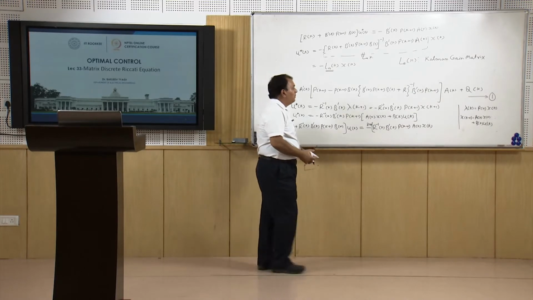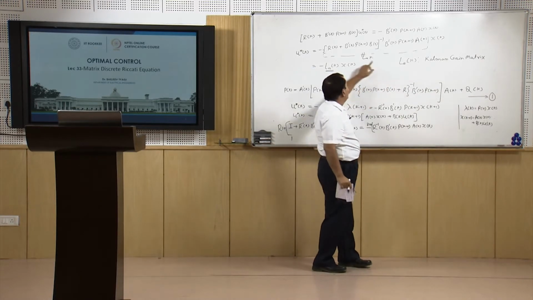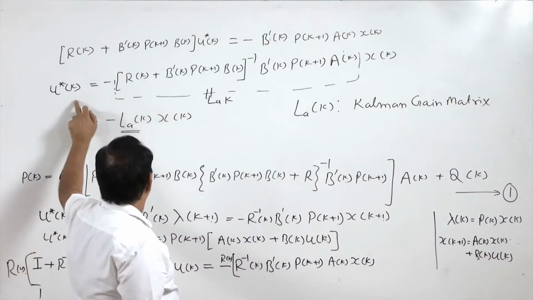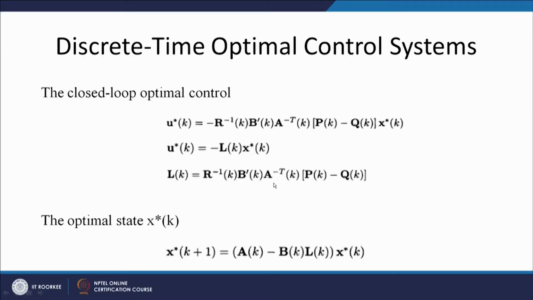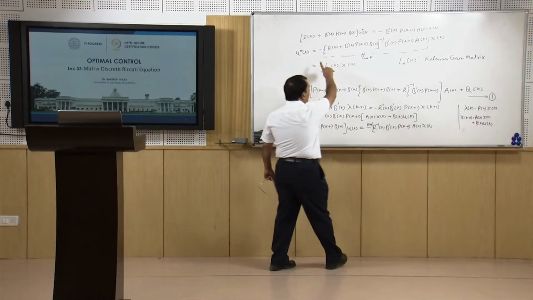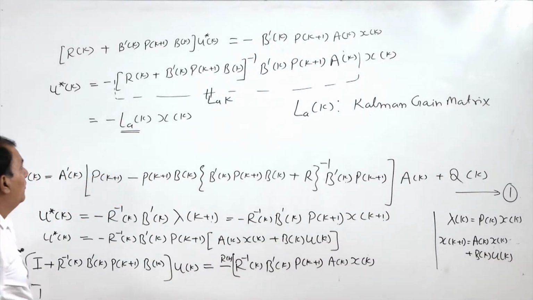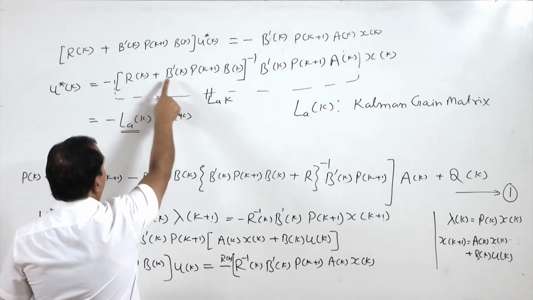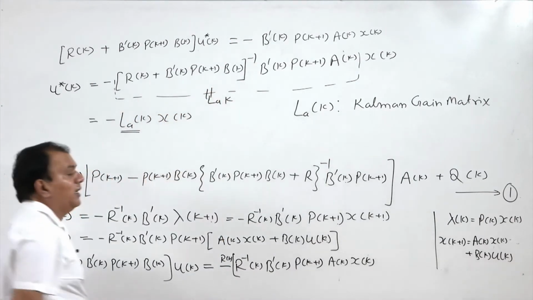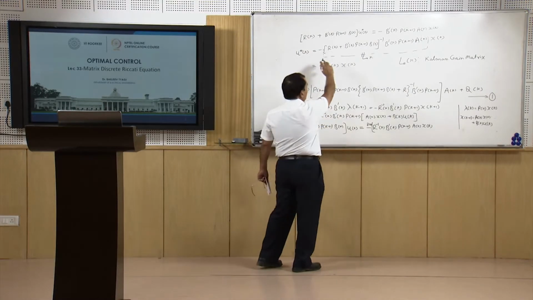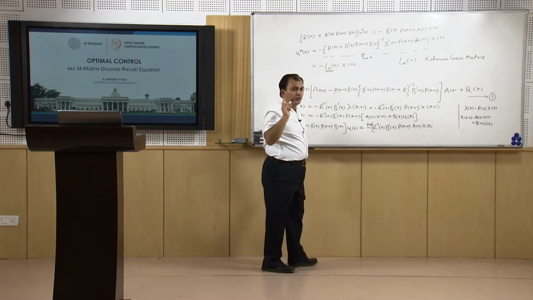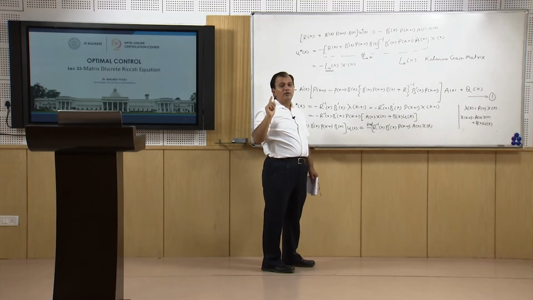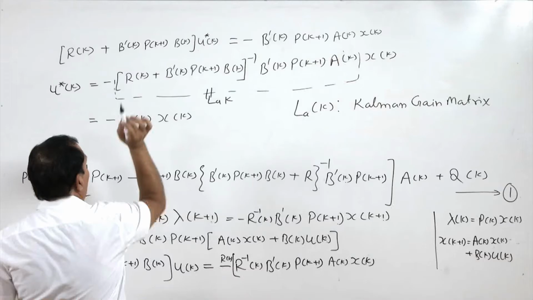As we have seen in the previous form of the Riccati equation, to determine L we had to take the inverse of the A transpose. In this case no A transpose inverse is required. What we require is the inverse of (R(k) + B prime(k) P(k+1) B(k)). If we analyze this term in L(k), R(k) is a positive definite matrix whose inverse is always possible, so the inverse of R(k) exists.